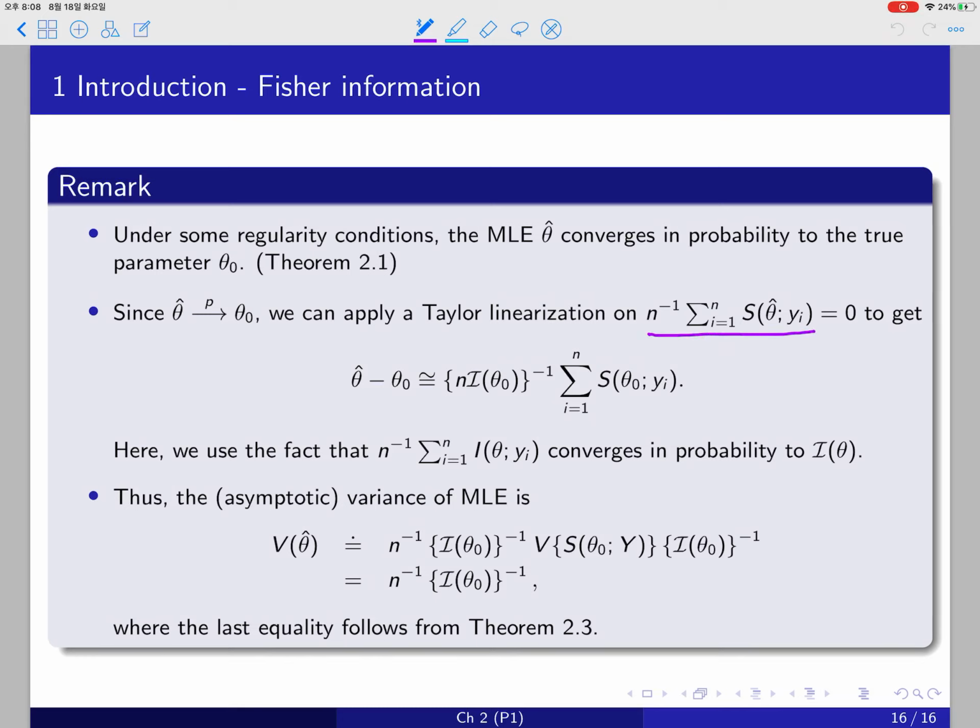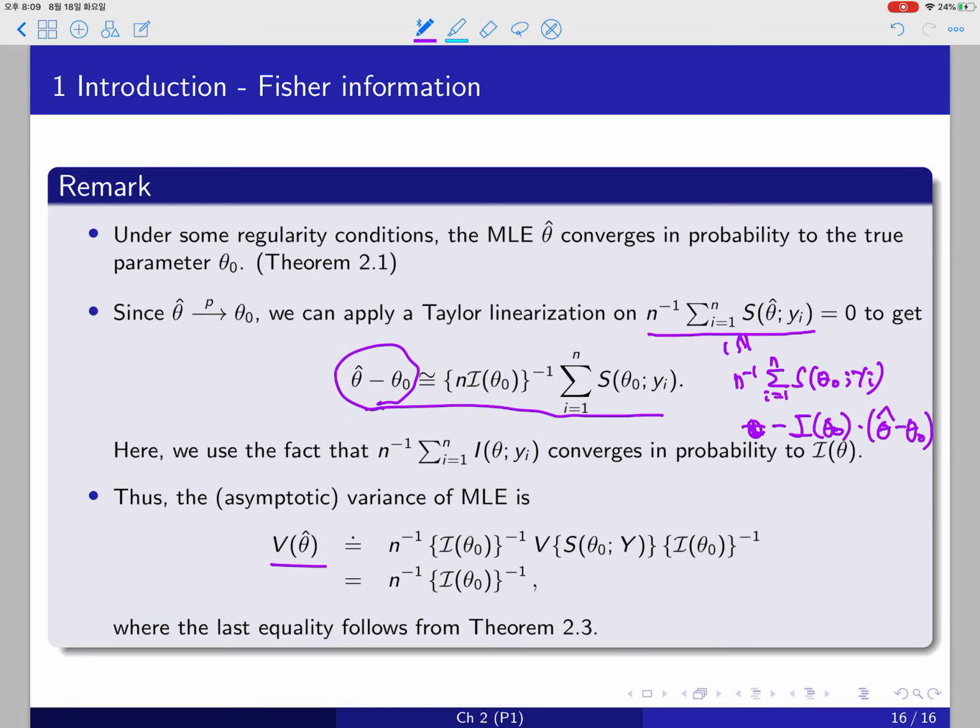If you take the Taylor linearization of this around zeta null, then you have the term at zeta null plus the second order partial derivative of the score function, which is actually minus the Fisher information, and the remaining term is roughly 0. So that provides this result.